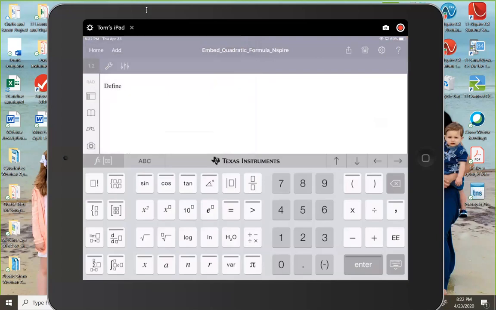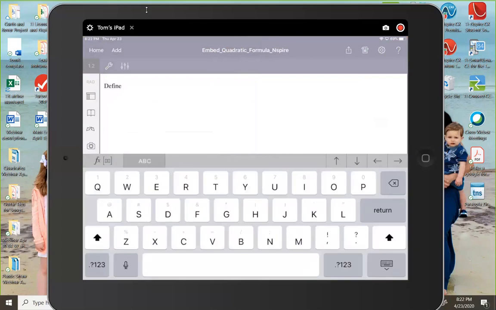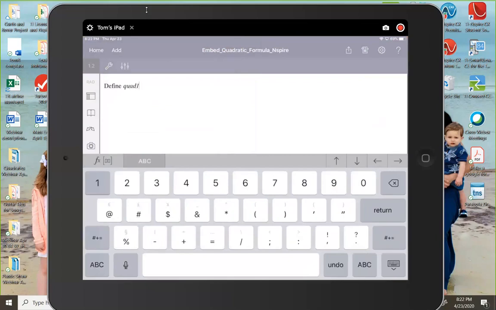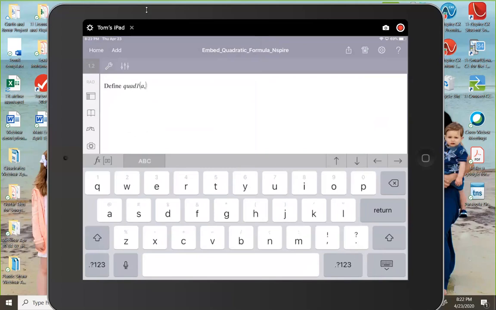I need 2 parts because there's 2 parts to the quadratic formula. I'm going to use the alphabet keyboard and call it QUAD1, meaning the first quadratic. And it's going to be in terms of A, comma, B, comma, and C.